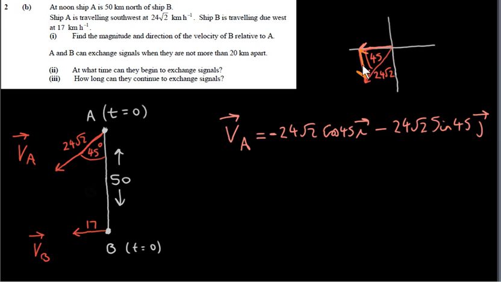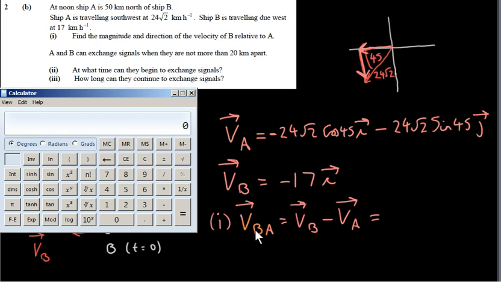So all we're doing is just putting the two components together by the triangle law. The velocity of B is straightforward. It has no J component because ship B is going west. Its speed is 17, so its velocity is minus 17I.